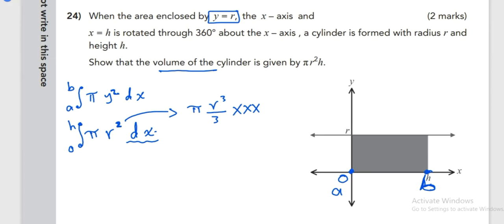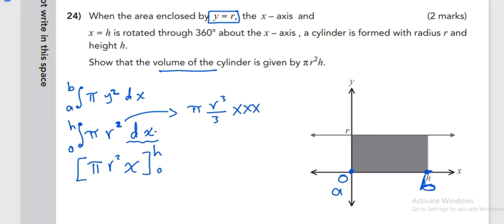We said before, any term without the variable is constant. Its differentiation equals 0 and its integration just add the variable. So here the integration of pi r power 2 is pi r power 2 x from 0 to h.